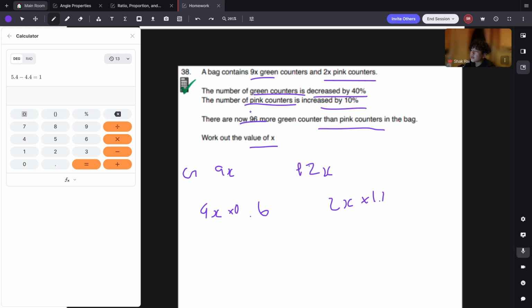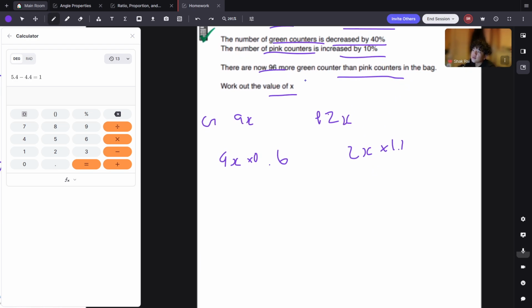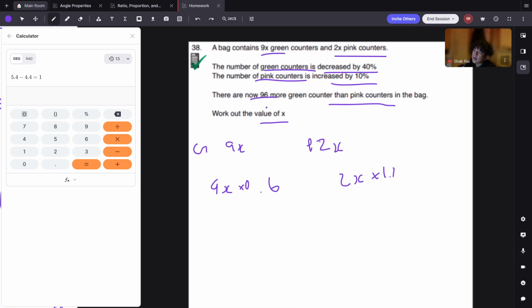So we're told that there's 96 more green counters than pink counters in the bag. If it says 96 more green counters, you could also just say the difference between the green counters and the pink counters is 96. And what's another way of saying difference? Subtract. So if you subtract, what's 9 times 0.6?